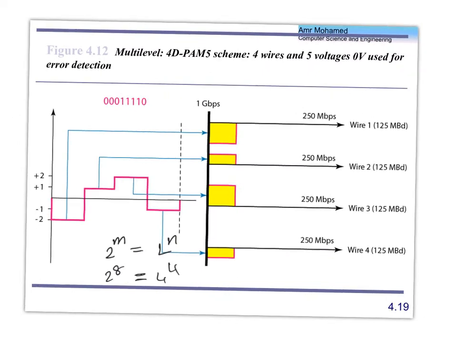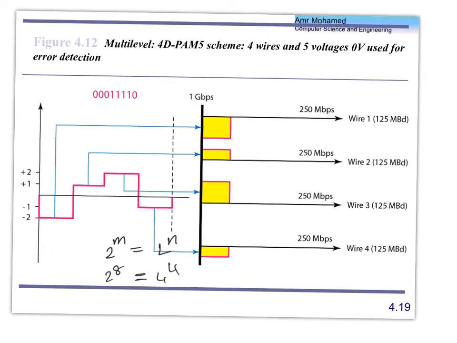One thing we notice here is that this scheme is significantly different from what we have studied before. The first thing they do is separate the 4 signal elements onto 4 different lines. Each of these signal elements will be sent on a separate wire.